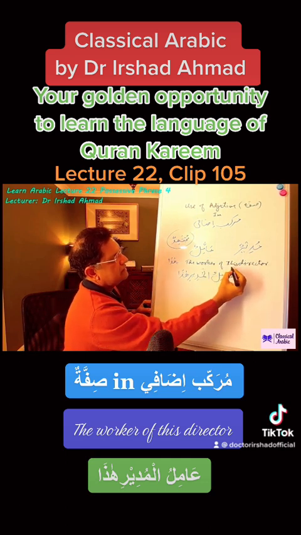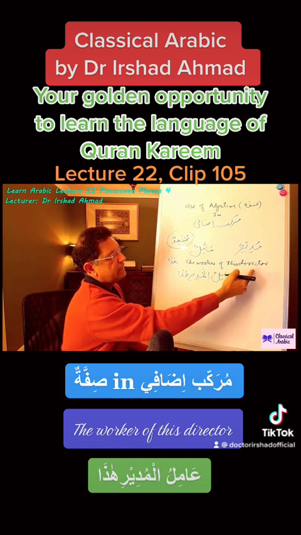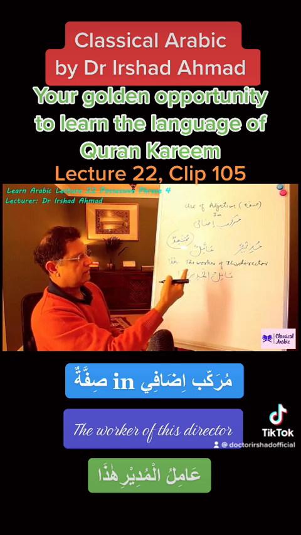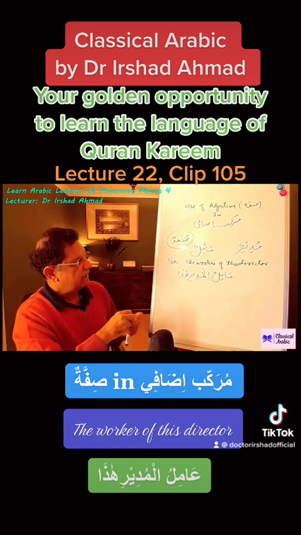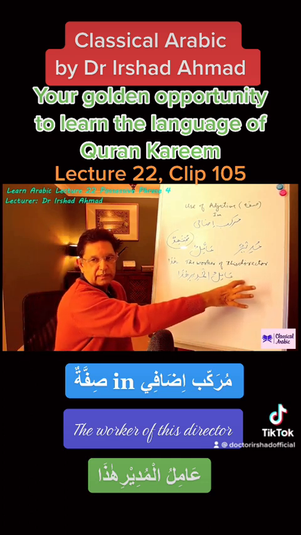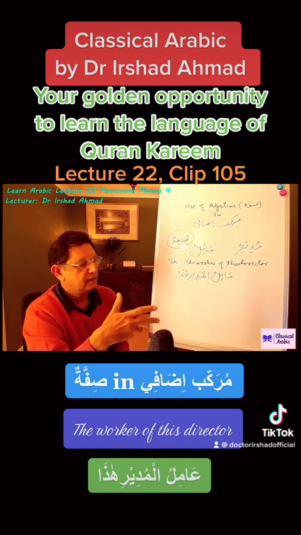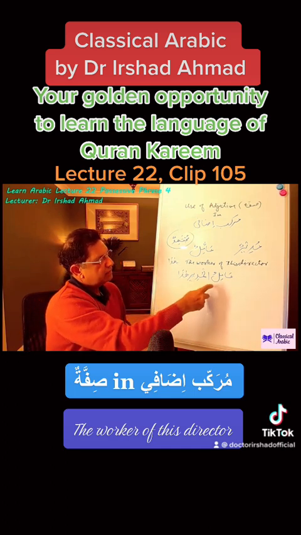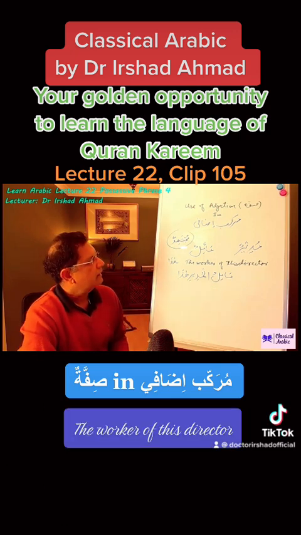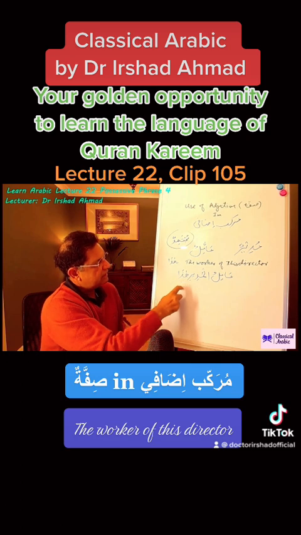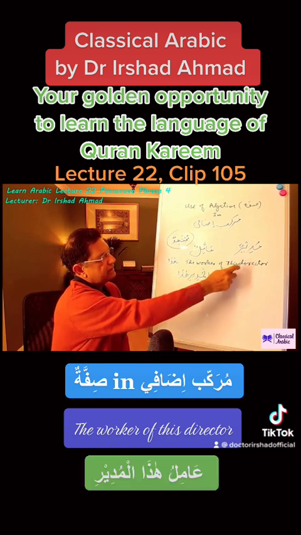So this, the demonstrative pronoun, we are kind of pointing towards director now, not towards the worker. So what are we going to do now? We have said that haza cannot be at the beginning because it becomes jumla ismiya. We have also kind of said that nothing could be placed between mudaf and mudaf ilayh. And if we put that at the end, that actually belongs to mudaf. So what are we going to do with this haza here?